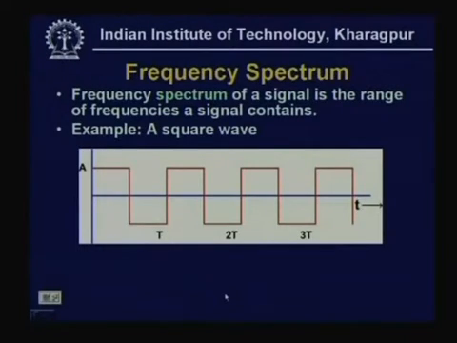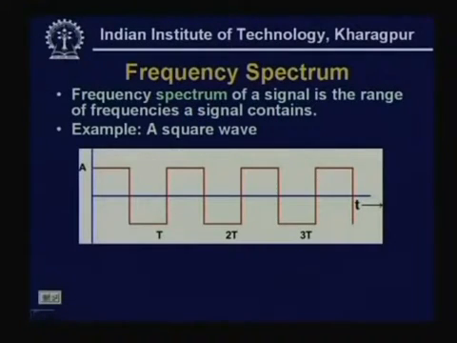Now, whenever we are considering particularly a digital signal or a composite analog signal, as you have seen, it comprises many frequency components, and that is expressed in terms of frequency spectrum.